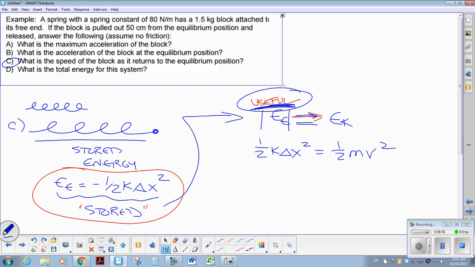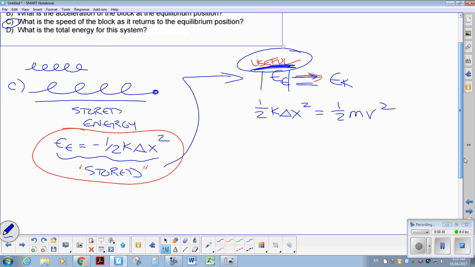If you were to keep the negative sign in this instance, for argument's sake, your one-half would cancel, and if you're looking for a velocity, you're going to get v squared equals negative k delta x squared over m. Then you're going to try to take the square root of that, and you're going to get an error.